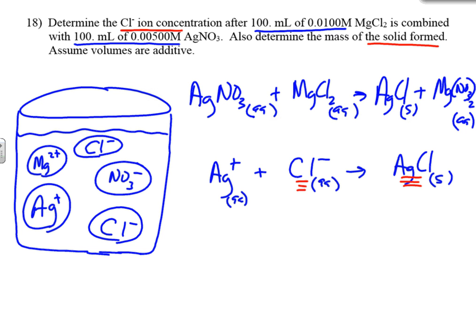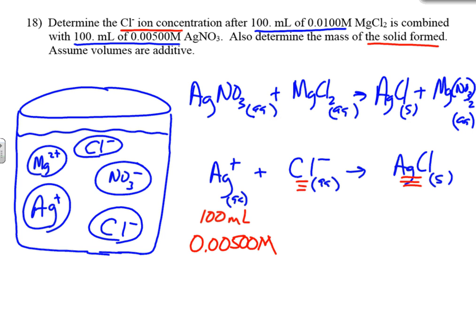So what we're going to do is take those volumes and the molarities and put them underneath here to see what we have in terms of moles of each of the reactants. So the silver, we have 100 milliliters of the silver nitrate, and the concentration of the silver nitrate is 0.005 molar. Well, for every 1 silver nitrate, I have 1 silver. So that would be the same concentration for the silver ion, 0.00500 molar.